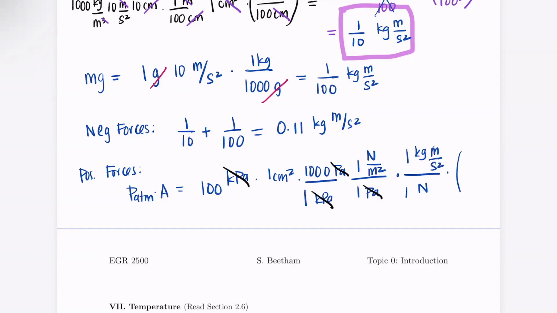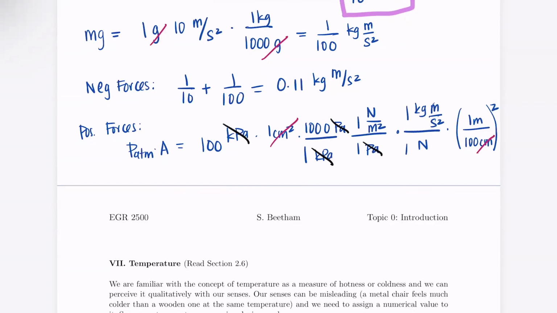Okay, now we can put in our centimeter conversion. So we have 100 centimeters per meter quantity squared. All right, so our centimeters squared cancel. And then we end up with 100 times 1,000 divided by 100 squared kilograms meters per second squared, because this meter squared and this meter squared cancel, and then the newtons go away too. Okay, so this is our remaining unit here. Okay, so what does this equal to?